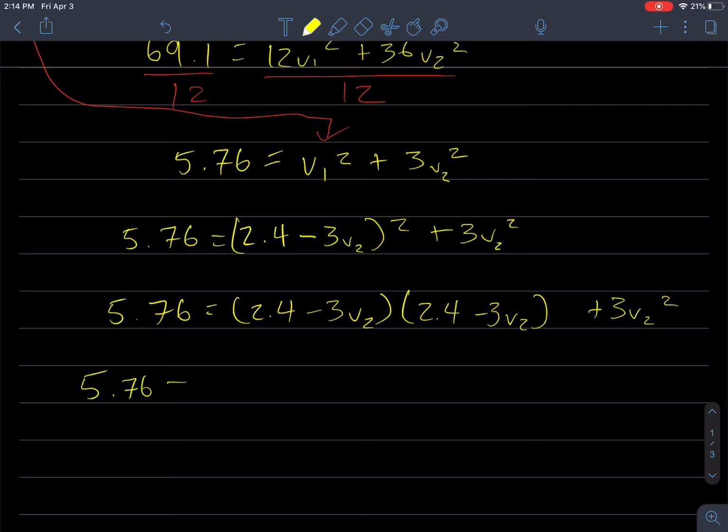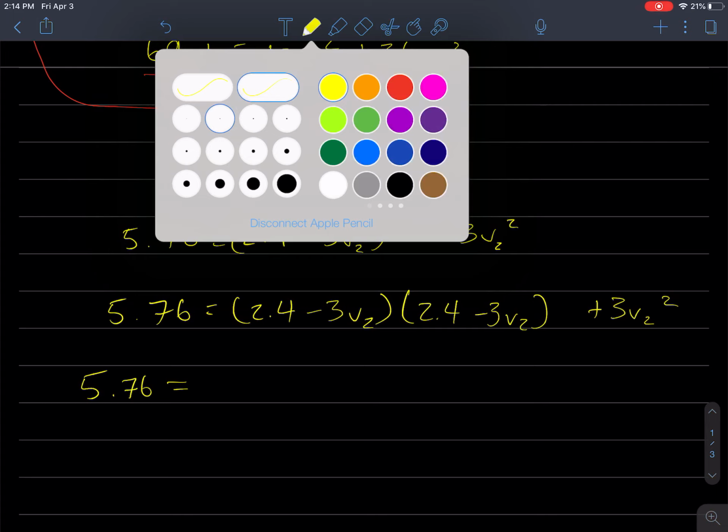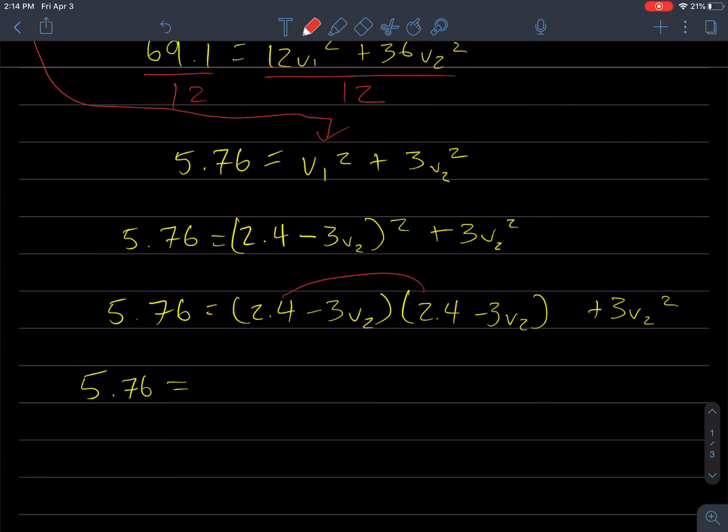So we still got 5.76 on that side. What we gotta do is we have to start multiplying our numbers in. So 2.4 times 2.4, we get 5.76. 2.4 times negative 3v2, we're going to get 7.2, and it's going to be negative 7.2 v2.